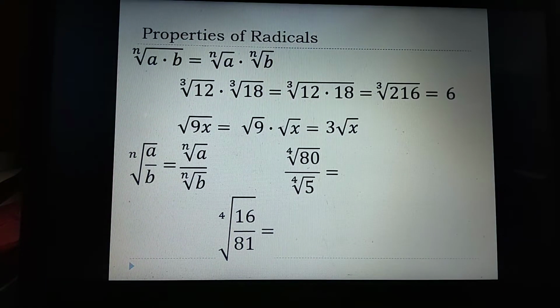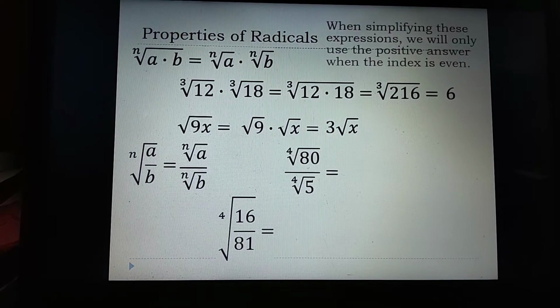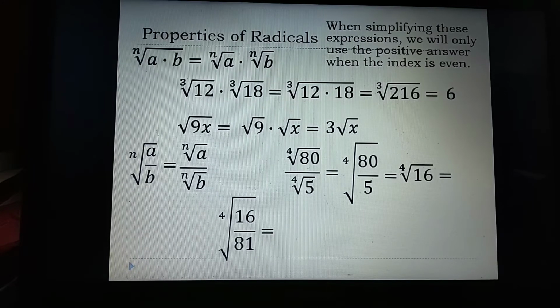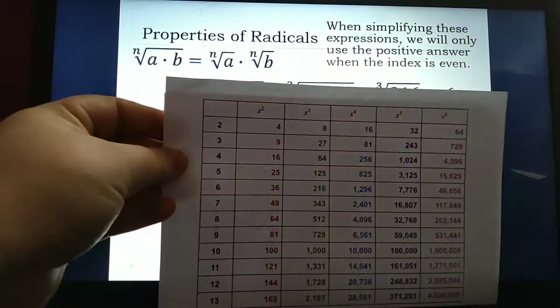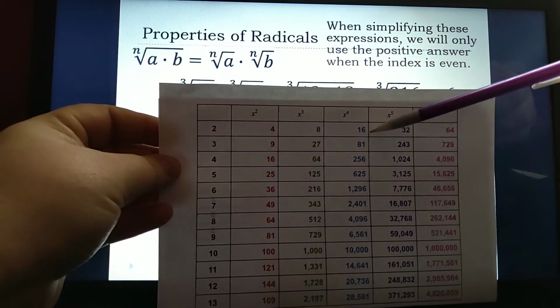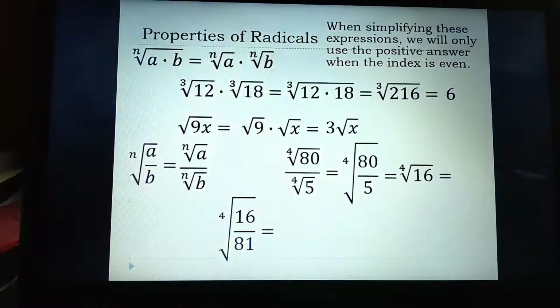So we're going to see, can we do 80 divided by 5? We're going to put them together underneath the radical, and now we're going to divide 80 by 5, and we get 16. Go back to your fourth root list, we see 16, so the answer is 2.